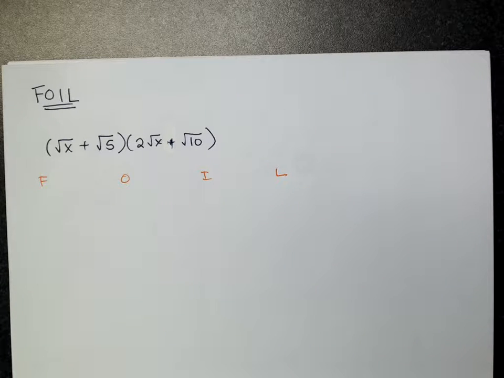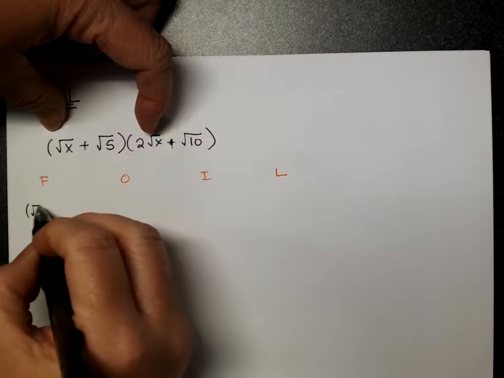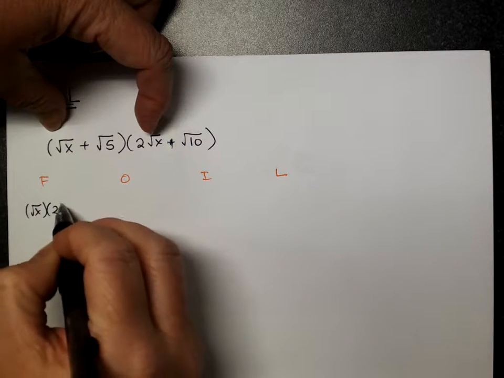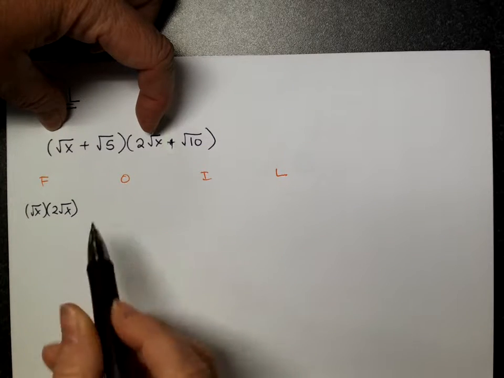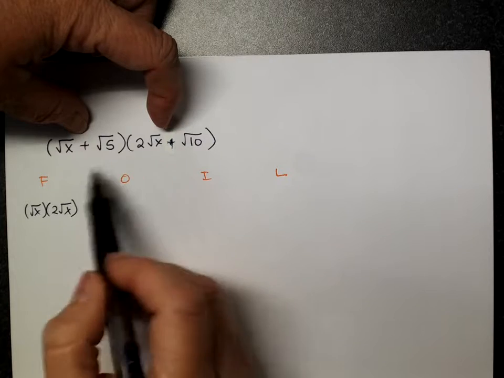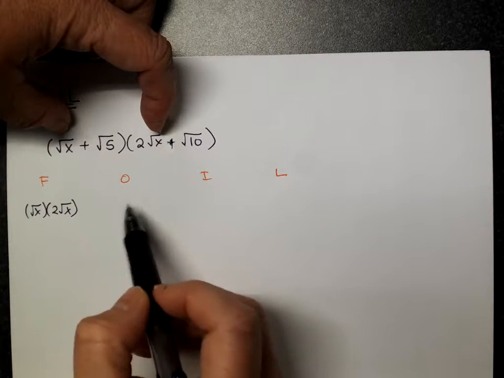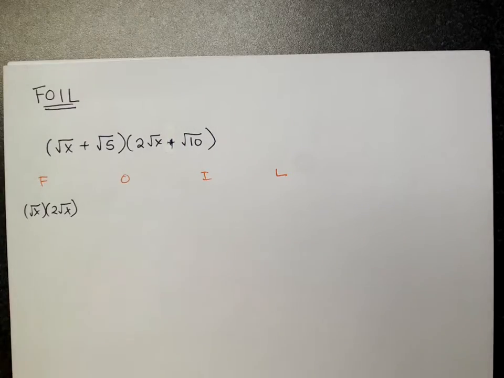Multiply the first ones, then the outside ones, then the inside ones, then the last ones. So that's square root of x times 2 times the square root of x. And as I say, what I do is these are all plus, but if one was plus and one minus or 2 minuses, I would first note is it positive or negative and just put a plus or a minus, and then I just put the positive terms in parentheses. That's how I manage my signs.